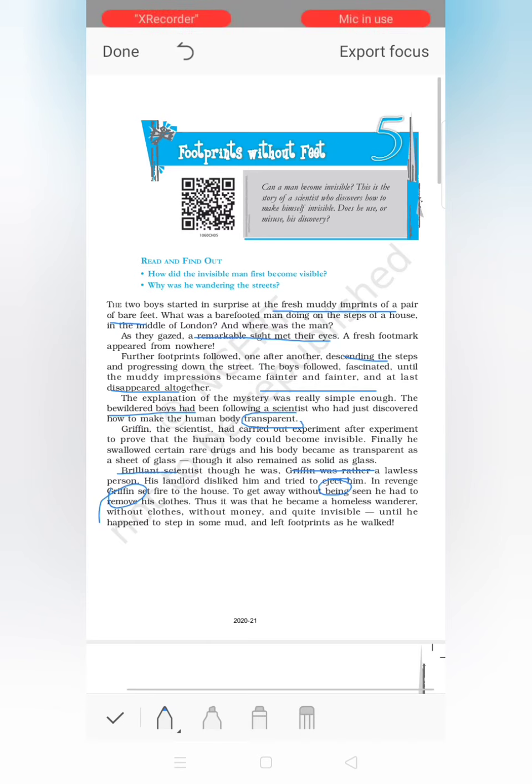His presence was felt after he stepped in some mud, and his footprints could be seen as he walked. Somebody noticed him, like the two boys noticed him in some mud.